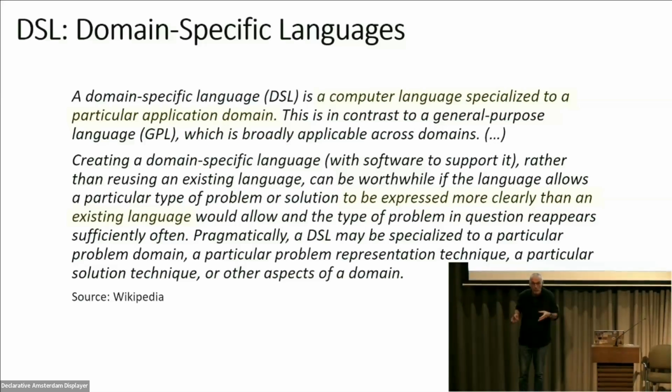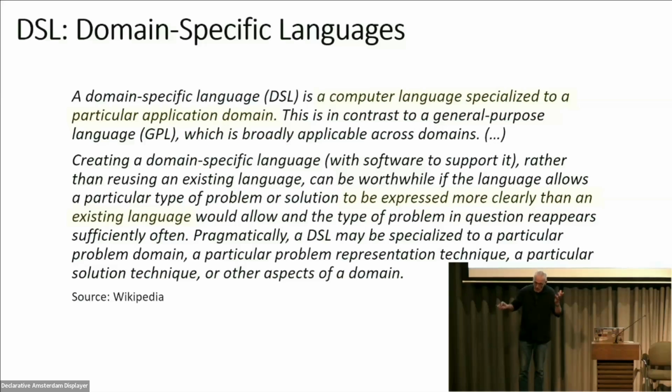And hopefully you can program much faster, have fewer bugs, stuff like that. But of course this comes with a cost because you have to implement your domain-specific language. So you must only use it for problems that appear sufficiently often, or in other words, where there is a business case for implementing your domain-specific language.